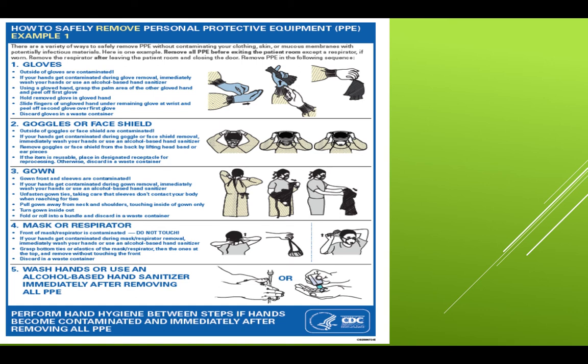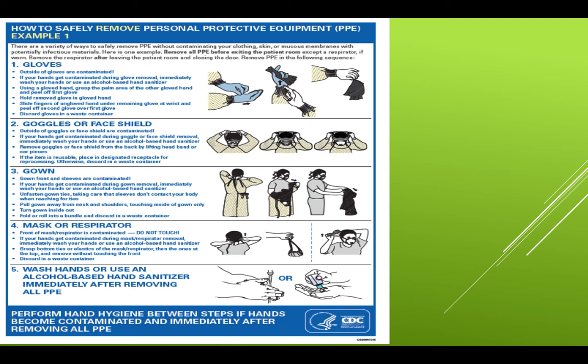Once the gloves are off, there is a visual here to demonstrate how to properly take your gloves off, followed by taking off your goggles or your face shield, followed by taking off your gown, then taking off your mask or a respirator.